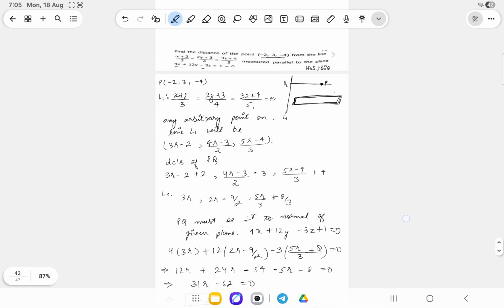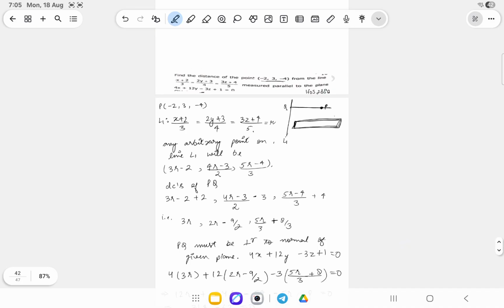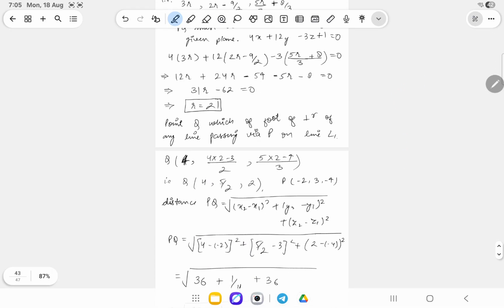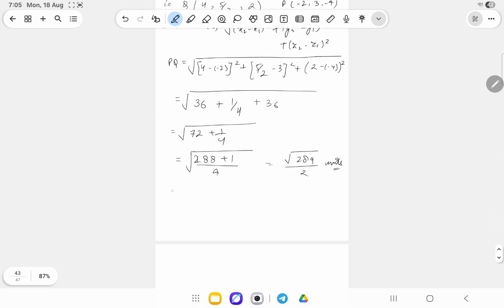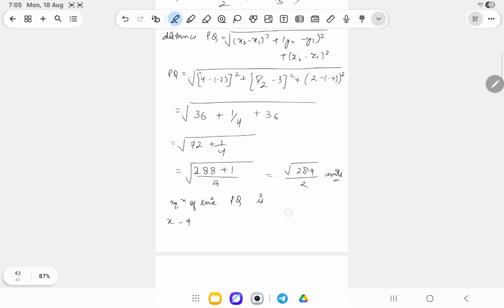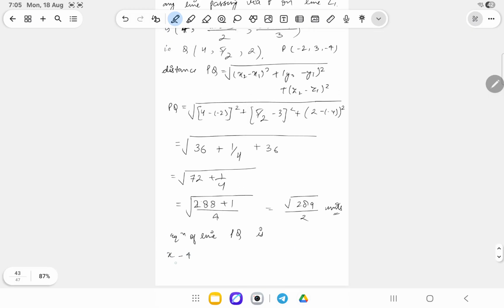Also they have asked us to find, I guess by mistake I cut the question, they have asked us to find the equation of line PQ. So the equation of line PQ will be (x minus 4) upon (4 plus 2) equals (y minus 5 by 2) upon (5 by 2 minus 3) equals (z minus 2) upon (2 plus 4).